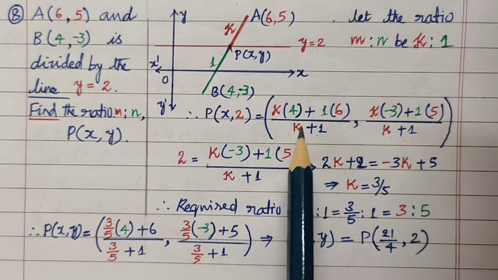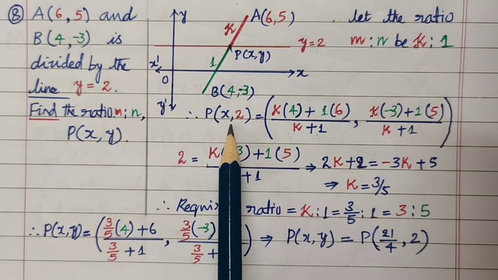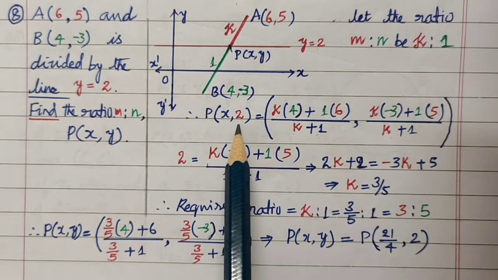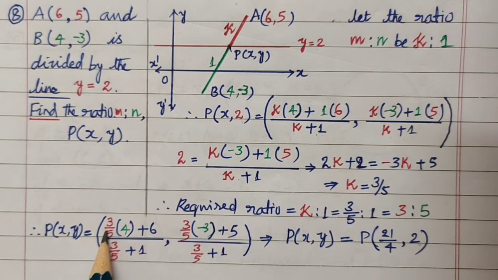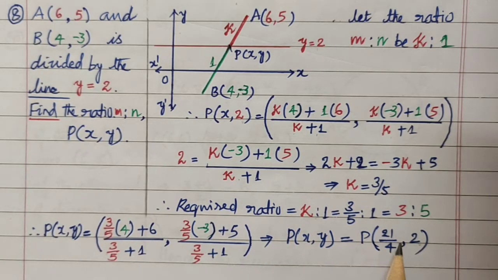We are using this formula to find the coordinates of P. We already know the value of y, so we can directly use it here. By calculating this, we find the value of x, which becomes 21/4.